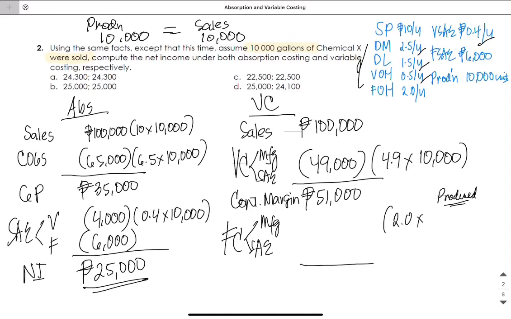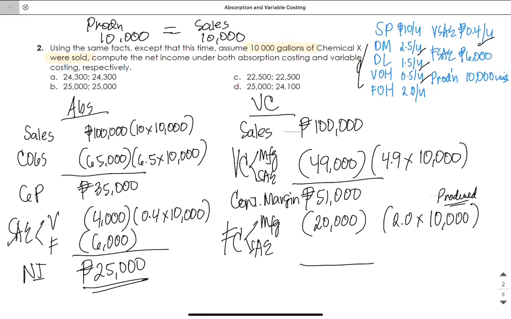When we compute for the fixed overhead cost under variable costing, we have to multiply this by the number of units produced, not by the number of units sold. Here they are the same, but if there will be a difference between the two, you will be wrong in computing for the fixed overhead cost. So 2 times 10,000, basically this is still 20,000.